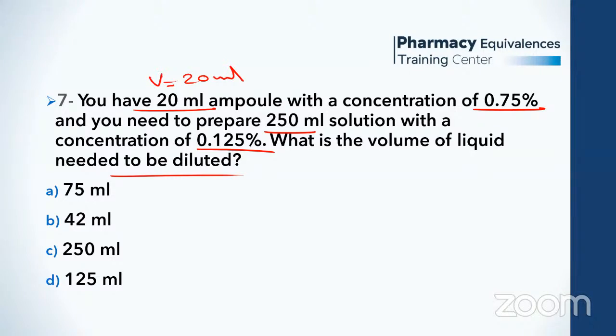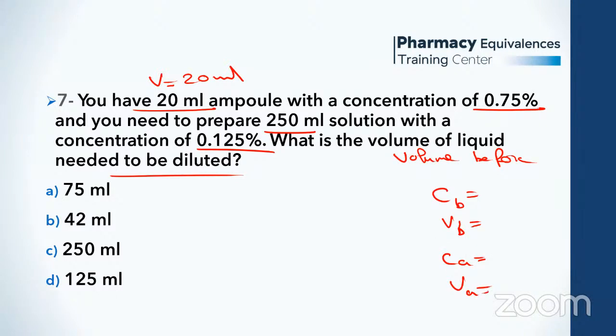Here, which volume will he ask about? He asked about the volume before dilution. The volume needed to be diluted, the volume before dilution. So here we have concentration before, volume before, concentration after, and volume after.